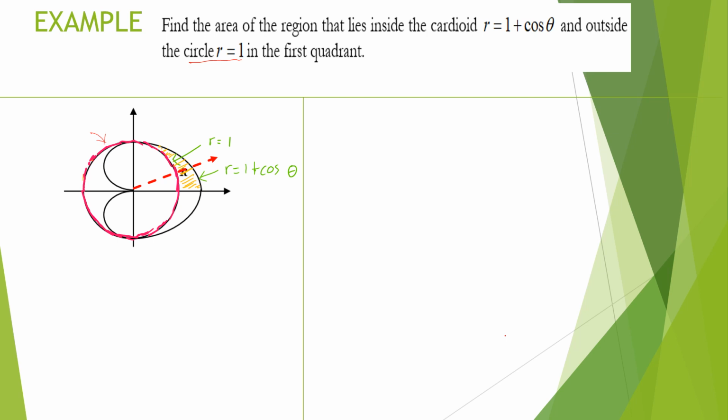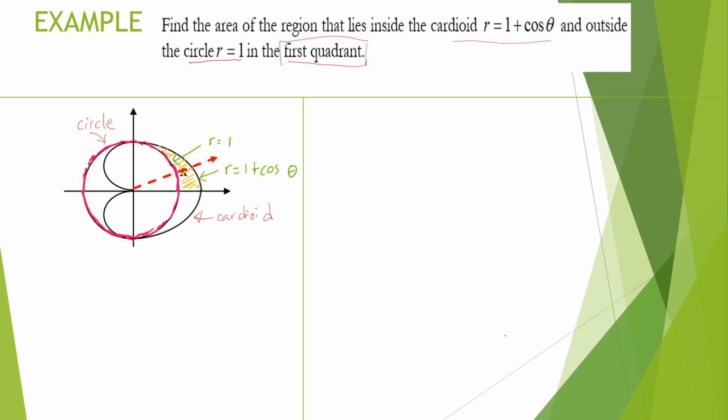Then we have the cardioid graph, r equals 1 plus cos theta, which is in the shape of a heart. We want the region inside the cardioid but outside of the circle, so the area is shaded in orange here. First quadrant, so take note, only the first quadrant.